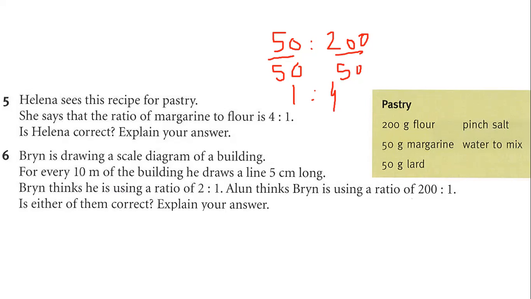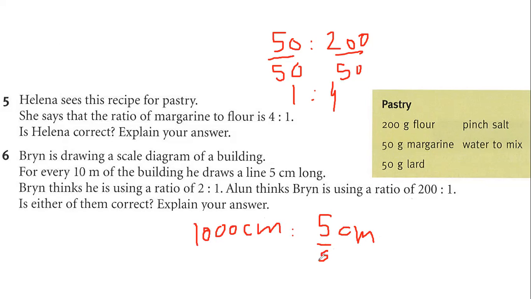Explain your answer. First of all, here he mentioned 10 meters. So 10 meters means how many centimeters? Obviously 10 meters means 1000 centimeters. So first you convert this into centimeters, because here we have 5 centimeters. So what we need to do here, 1000, I divide this on both sides by 5.